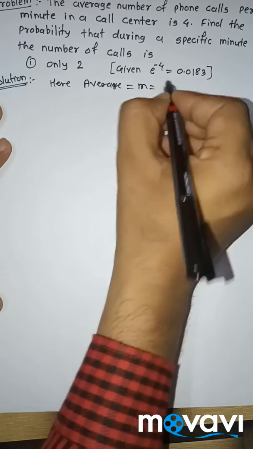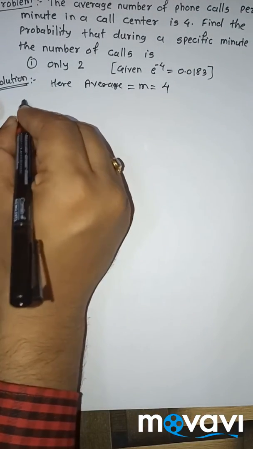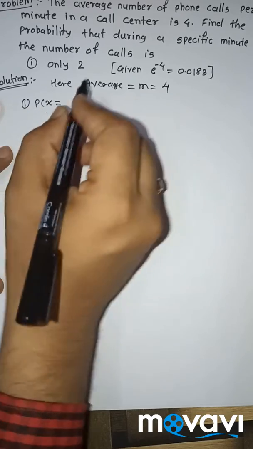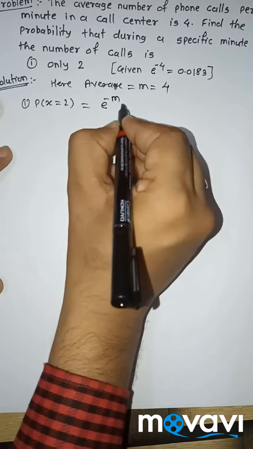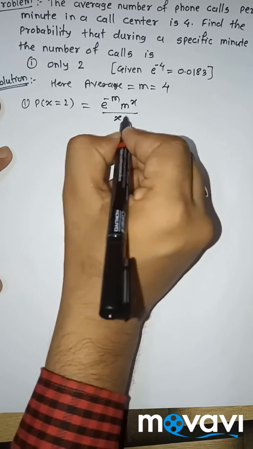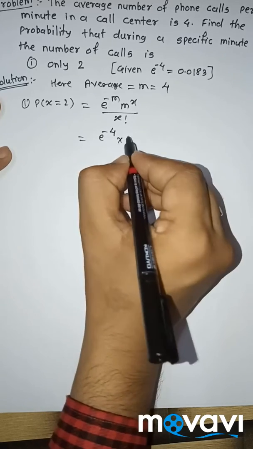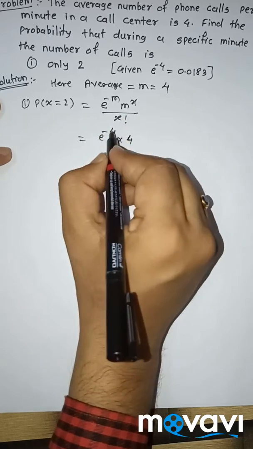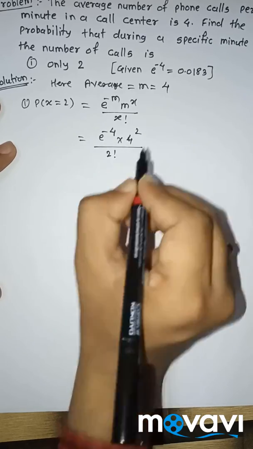Solution. Here average means m is given 4 and we have to find probability of x equal to 2. Its formula is e raised to minus m, m raised to x upon x factorial. Here value of m is 4, so e raised to minus 4, 4 raised to x upon x factorial.